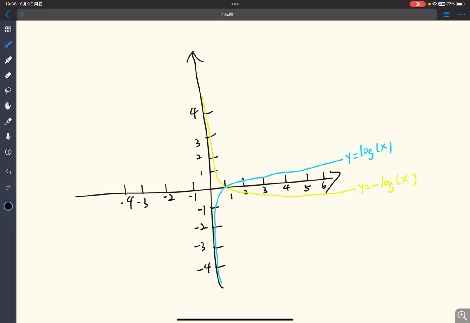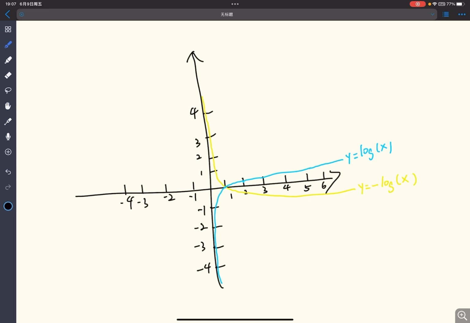When we do a vertical flip, the domain stays the same. Therefore, the domain of the flipped function is still the set of positive numbers. However, an important change occurs in the range of the logarithmic function. We can see this change graphically.